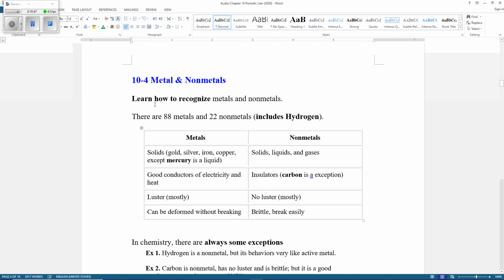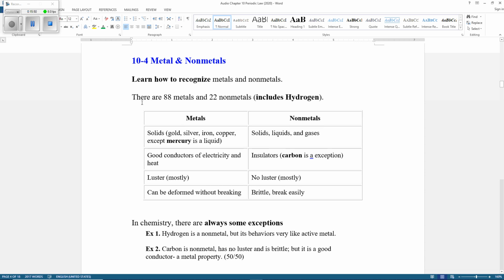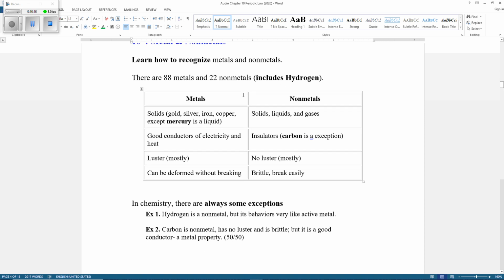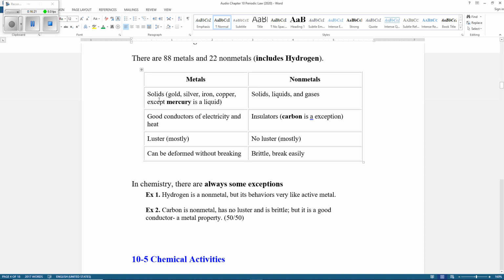Let's go back to our lecture. The total number still increases because scientists still make new elements. It's about 110, so you're going to find 88 metals and 22 non-metals, including hydrogen. Now, why do we call them metals and non-metals? First, metals are mostly solids.